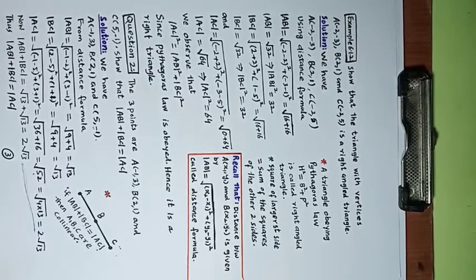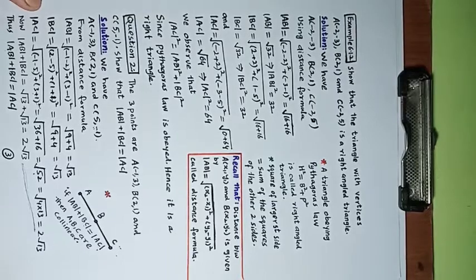But dear students, how to use this idea in the questions? For this we observe that the hypotenuse is always the largest side of a right angled triangle. So the hypotenuse can be replaced by the largest side, and the other two sides are called the legs of the triangle.